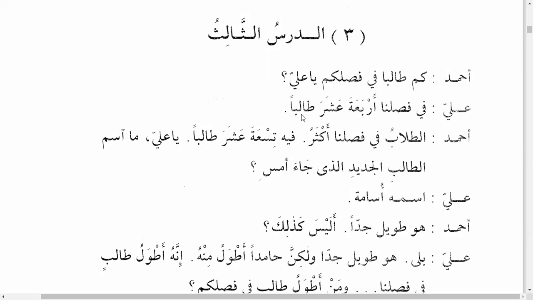And taliban is called tamyiz, yani the ma'dud, the one that is being counted, will always be singular. So that's the only thing that you need to remember. From 11 to 19, the ma'dud, the one that is being counted, will be singular. And it will be mansub. Did you get it?